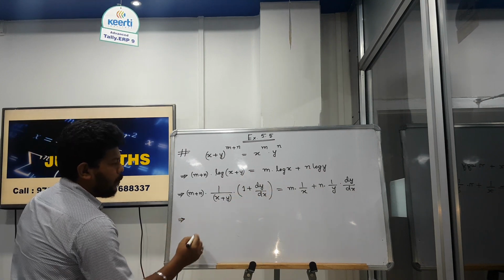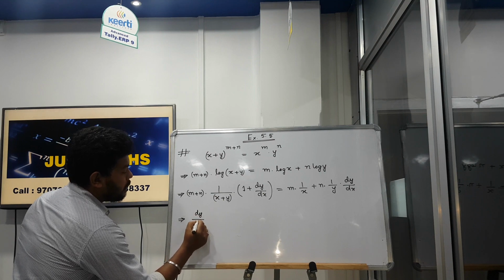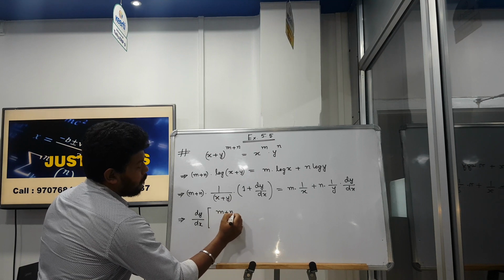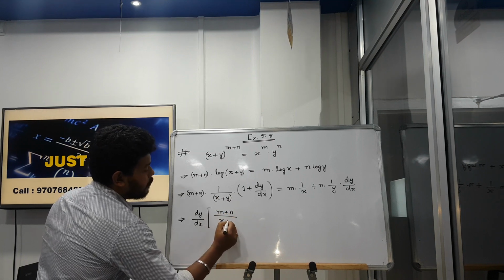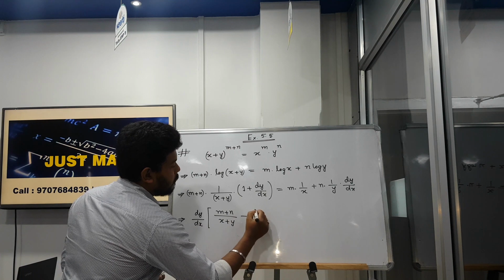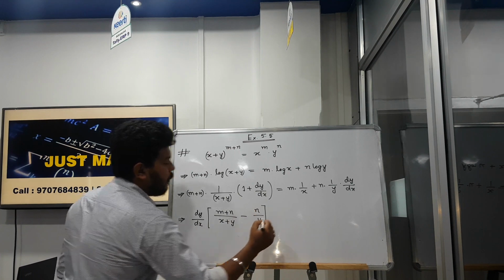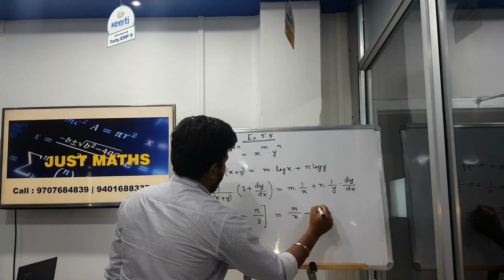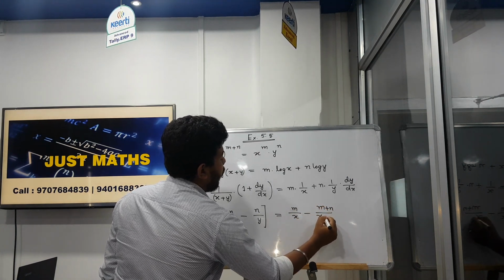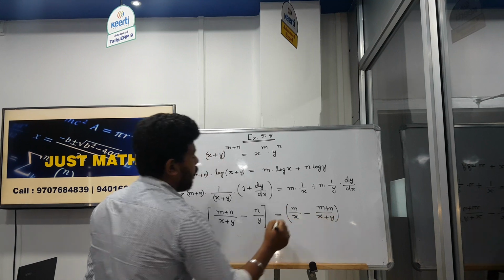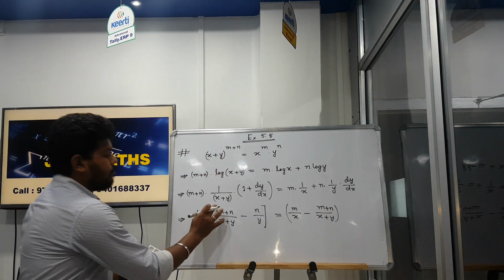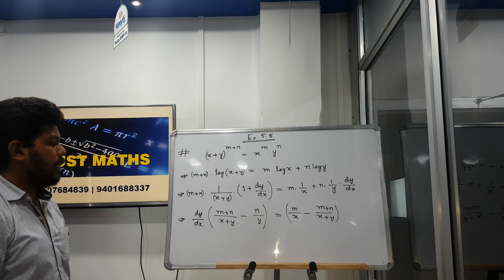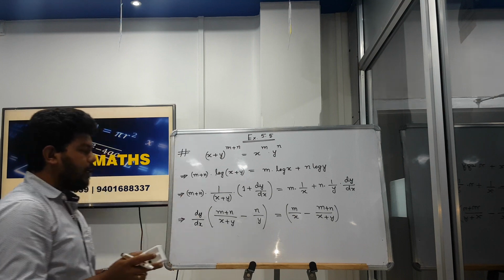After simple algebraic operation, I will get dy by dx is equal to, you can see, m plus n by x plus y minus n by y, and this is m by x, m plus n by x plus y. If you take LCM on both sides, you will get something like this.